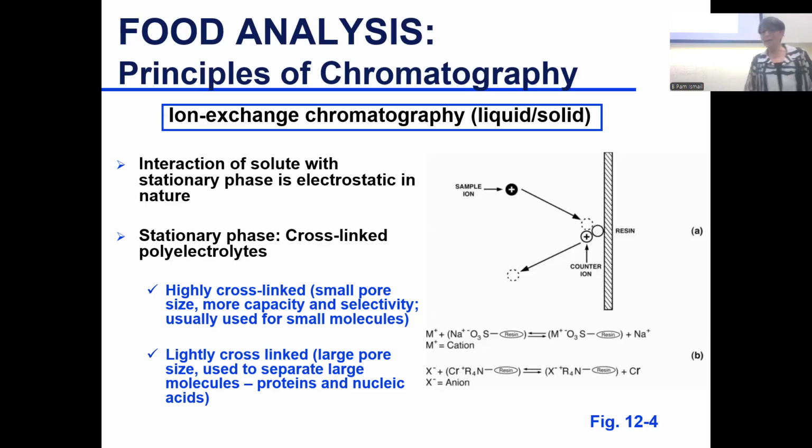Whereas if they are lightly cross-linked, meaning you have large pore size, then it can be used to separate large molecules, like protein or nucleic acid. So depending if you are separating small molecules, you need high cross-linking; large molecules, lightly cross-linked, meaning larger pore size.